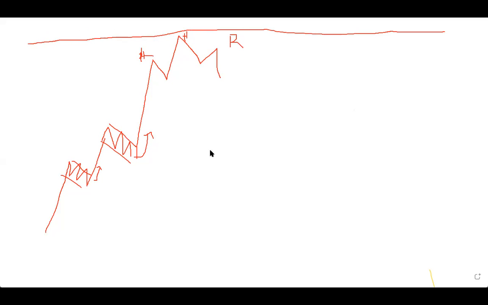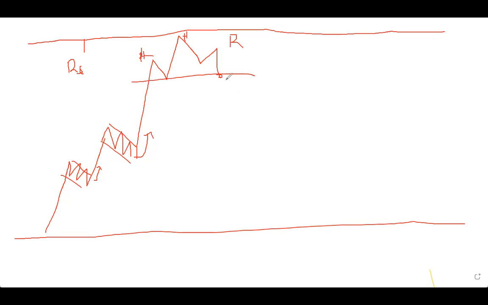And now you have approached your resistance area, right? Where are you coming from? You are coming from a support area. We want just to put everything in one place. And we said you break the neckline, meaning that you end another trade here when you break your neckline.